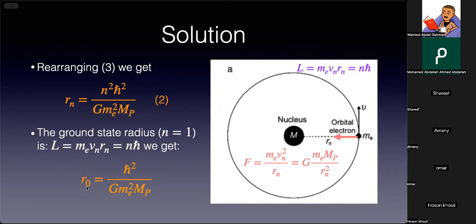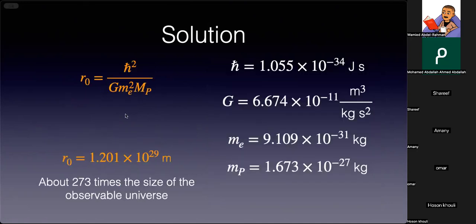Yes, so R0, that's the ground state. This is a typo here. Okay, this is the ground state, so n equals 1. This is the relationship, so let's look at the numbers. Let's plug in the numbers for the reduced Planck's constant, G, me, and the proton mass. And this is what I obtained: R0 equals 1.2 times 10 to the power 29 meters.